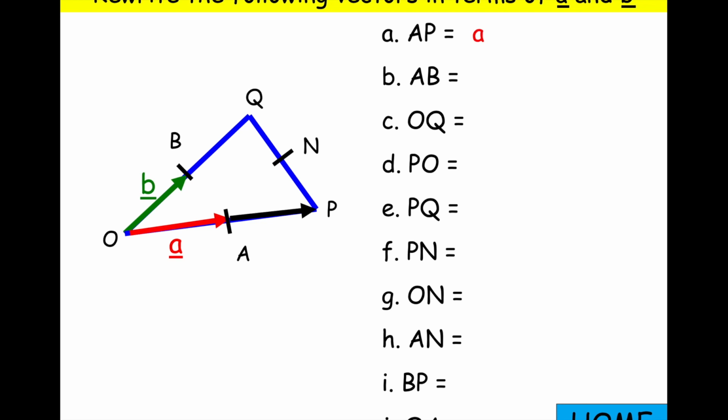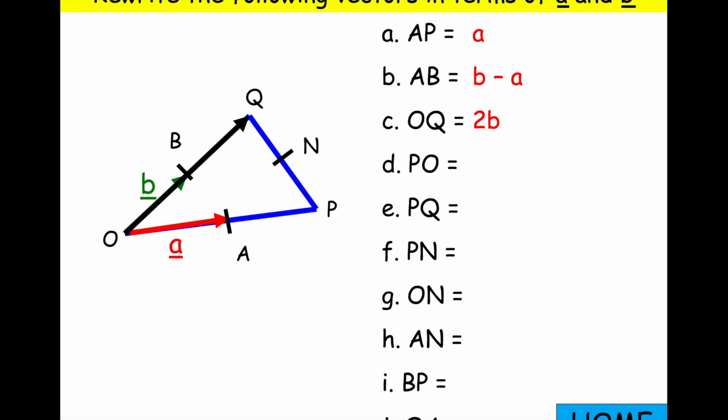And what about AB? Vector AB has to be minus A plus B, or B minus A. What about OQ? OQ is just twice a vector B, so that's equal to vector 2B.